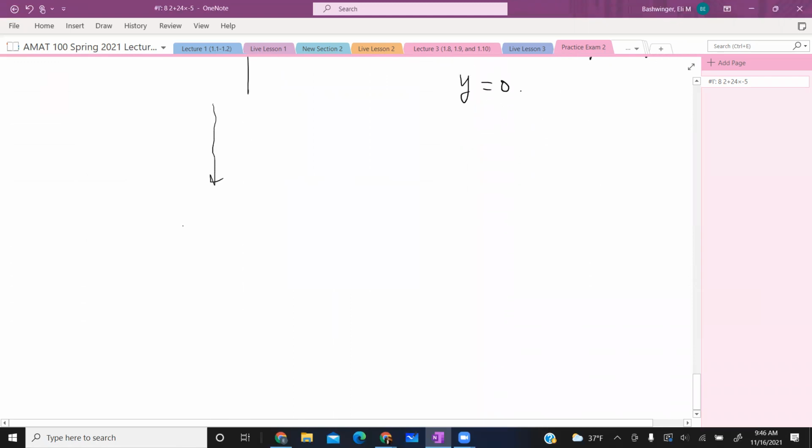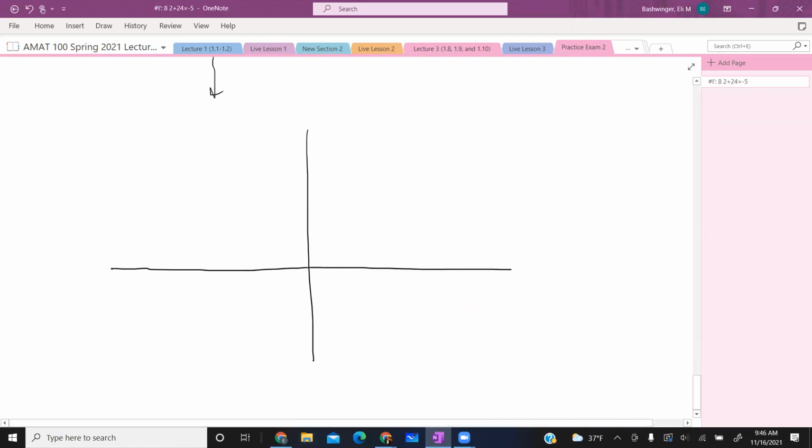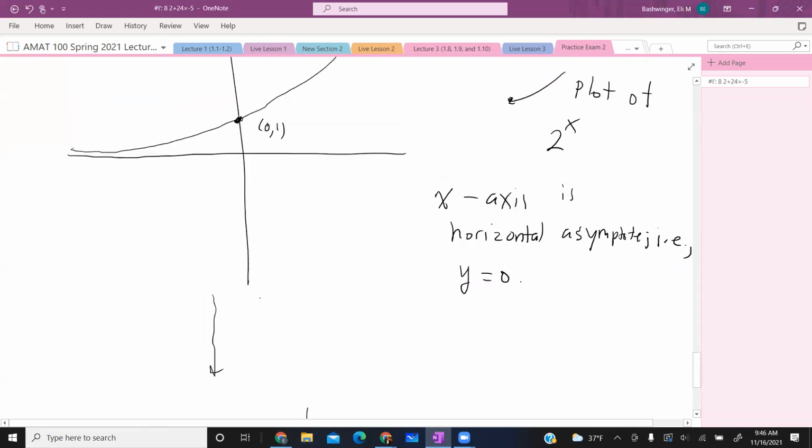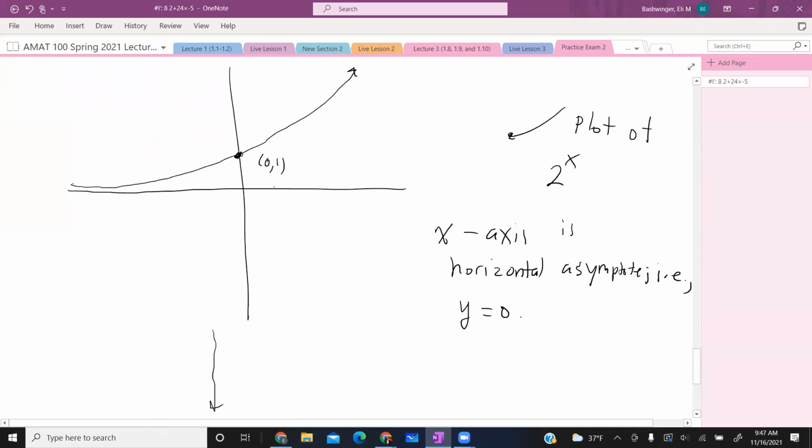So with that in mind, we can transform the graph and plot it. We know that it passes through here. And when you transform the function, you also have to transform the horizontal asymptote.